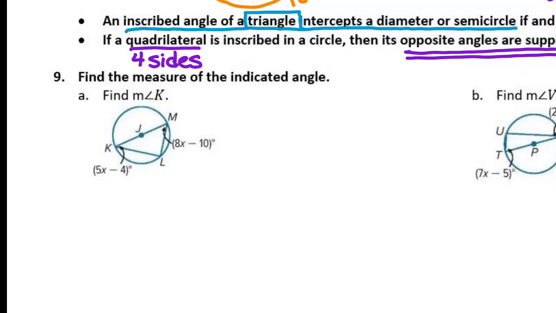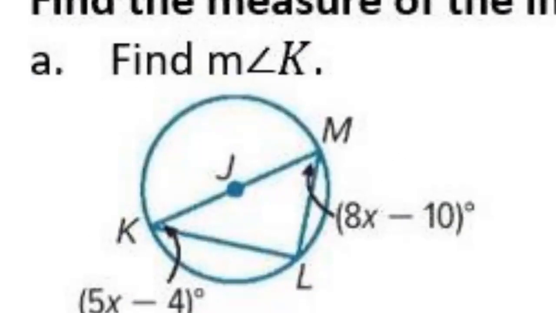Number 9, part A. What kind of a shape do I have drawn inside the circle? What kind of a shape in number 9, part A is drawn inside the circle? A triangle. And what would we call chord KM? That's a diameter.